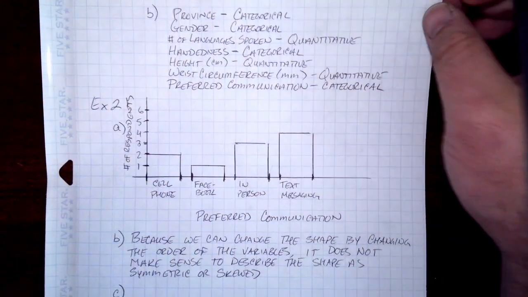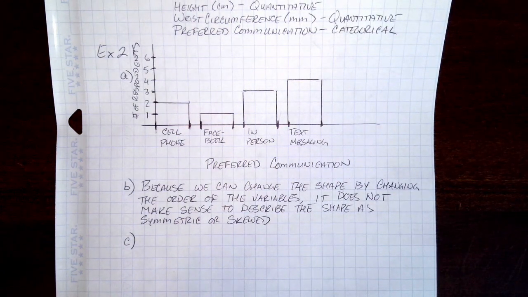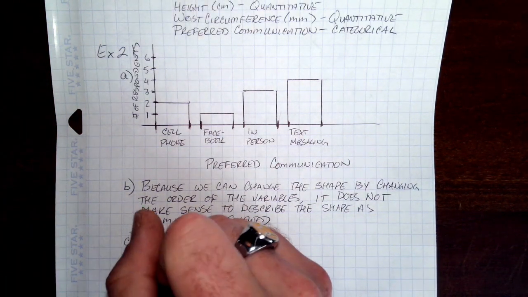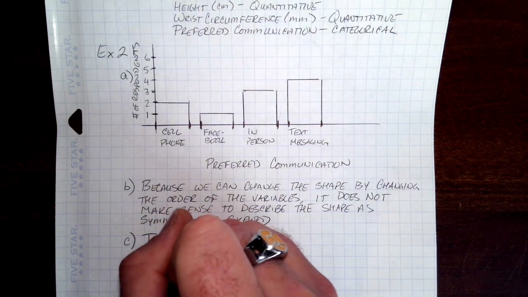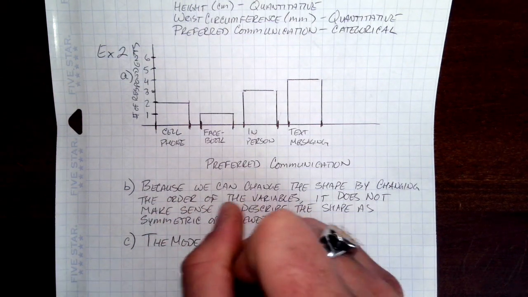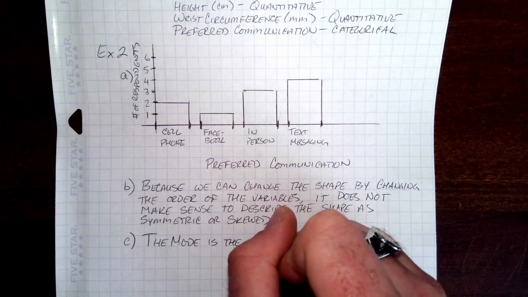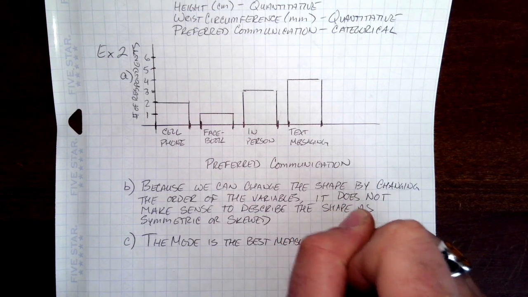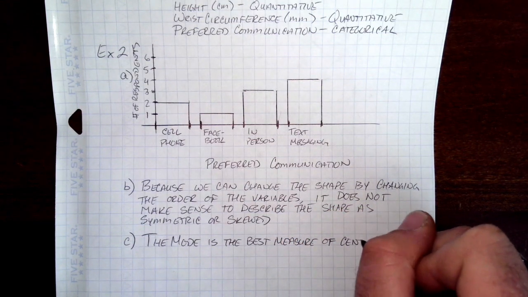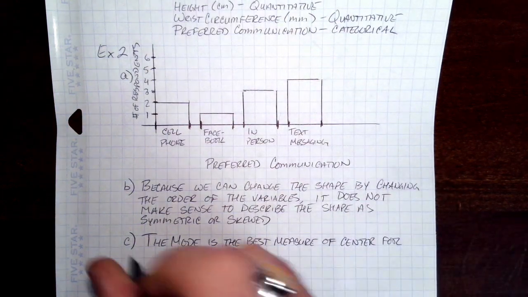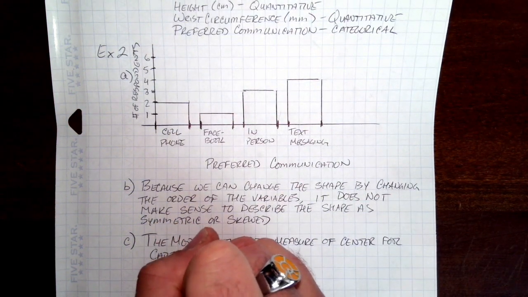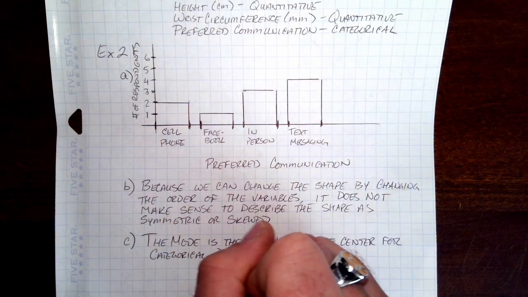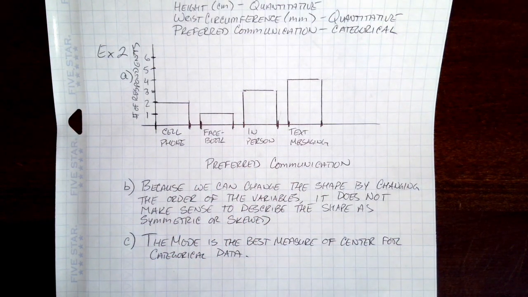Well, if symmetric goes with the mean and skewed goes with the median, and we can't use symmetric or skewed, we can't use the mean or median, for categorical data, the mode ends up being the best measure of center. And that was example 2.